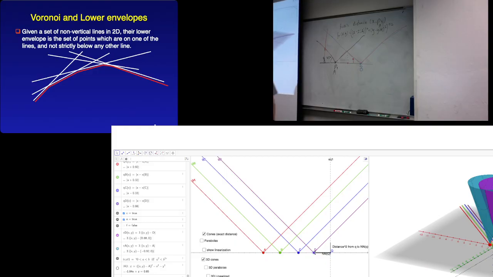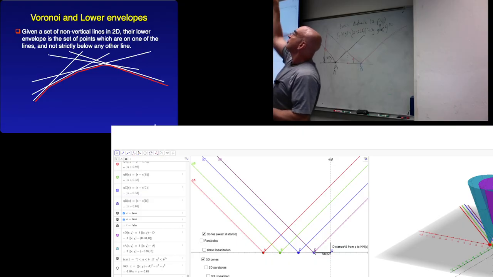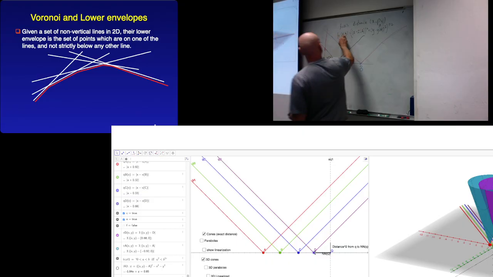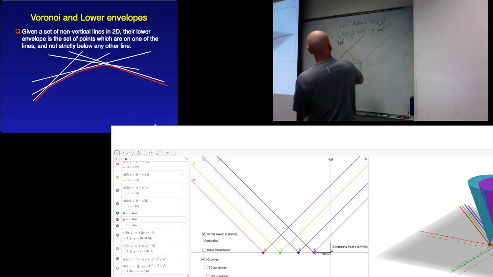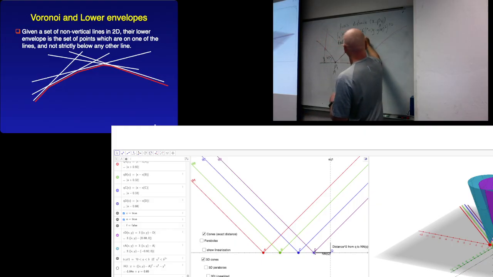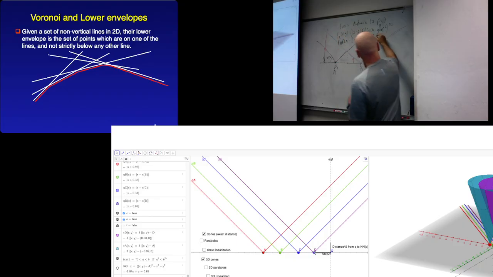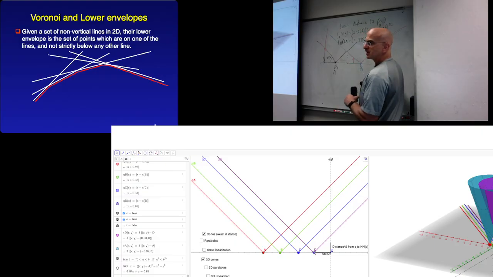And how do I know which one is the closest? If I'm standing on some point xy, I'm asking what is smaller, fa of xy, or fb of xy, which would be exactly the same, except that now I'm writing x of b and y of b instead of x of a.